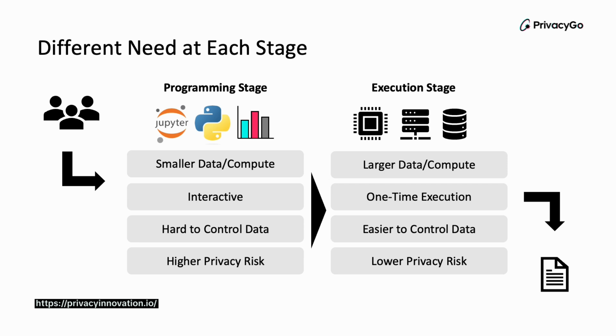In the second stage, the execution stage, the programmer may submit their complete code, which will consume larger data set and computation. Since this should be only run once, it's easier to isolate execution and control the data. Thus, the privacy risk is lower.